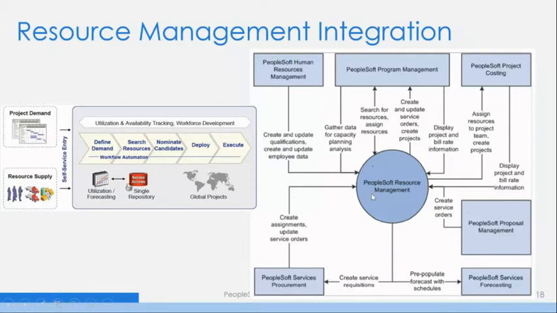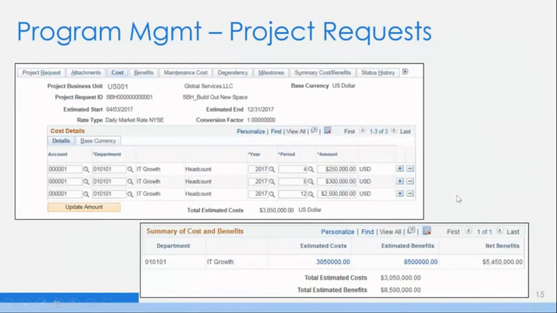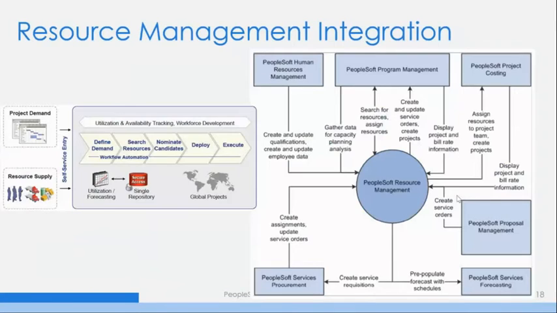So the resources that we're talking about ideally come in from PeopleSoft HR. That assumes that you're using HR to set up the employees, and if you want to track contractors or contingent labor, you would also need to track those resources in HR as well. So you don't need to enter redundant data within RM. You can actually use the data that's already entered within HR.